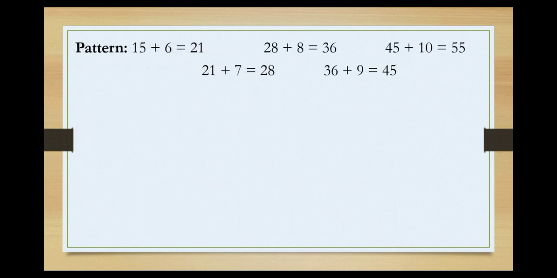And from 15, we add 6, so it is equal to 21. From 21, we add 7, so it is equal to 28. From 28, we add 8, so it is equal to 36. From 36, we add 9, so it is equal to 45. And from 45, we add 10, so it is equal to 55.